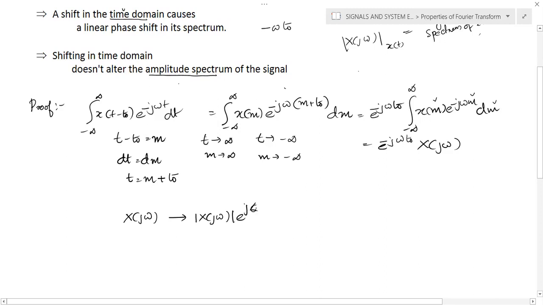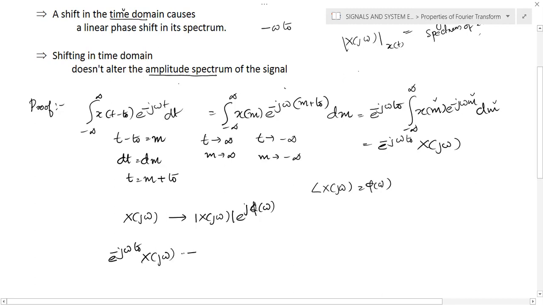I can put either phi of omega. Assume that the angle of X of j omega is equal to phi of omega. And our new signal is e raised to minus j omega t0 into X of j omega. This is our new signal.